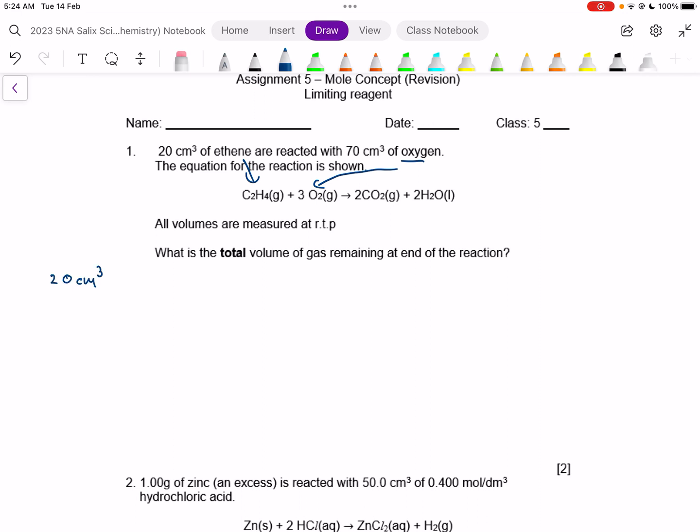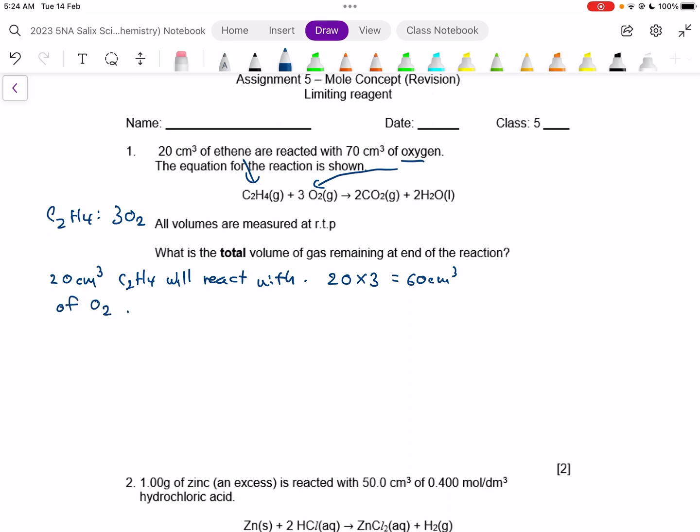20 cm³ of ethene, C2H4, will react with, because the ratio is 1:3, 20 cm³ of ethene will react with 20 times 3, which is 60 cm³ of O2.